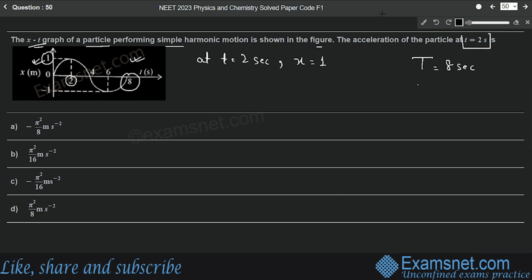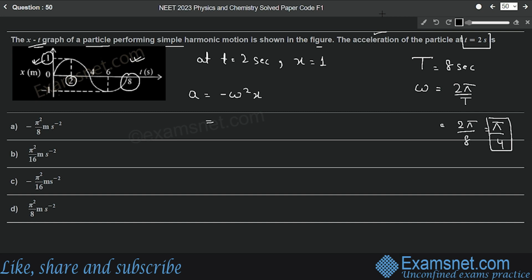So what will be the angular velocity? That is omega. That will be equal to 2 pi by T, that is 2 pi by 8. It can be written as pi by 4. This is omega. Now we have to find out the acceleration at t equals 2 seconds, and the formula for acceleration is minus omega square x in case of simple harmonic motion.